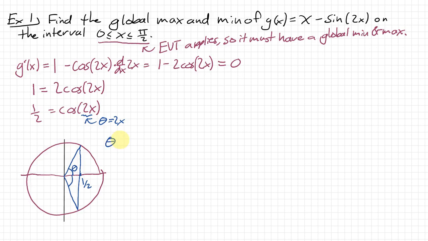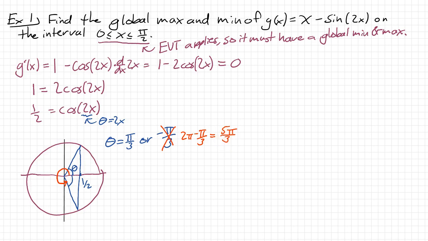So let's just write that we have theta equals pi over 3, or negative pi over 3, but we can't write it as negative pi over 3 because that makes x negative. So what's another way we could get this? What if we go around this way? That would be an angle of theta equals 2 pi minus pi over 3, also known as 5 pi over 3.